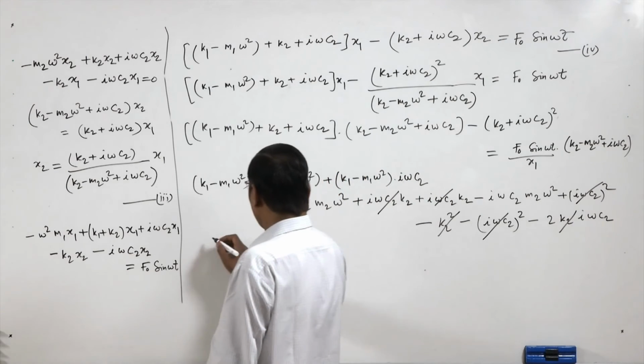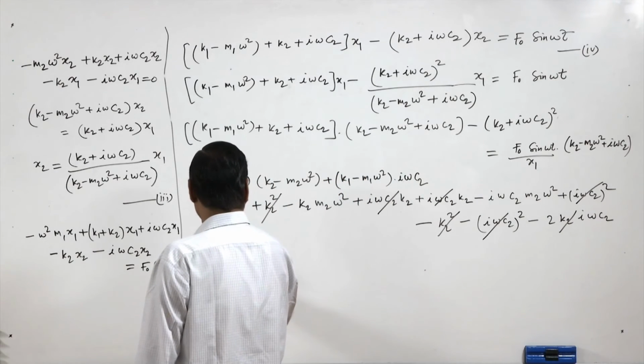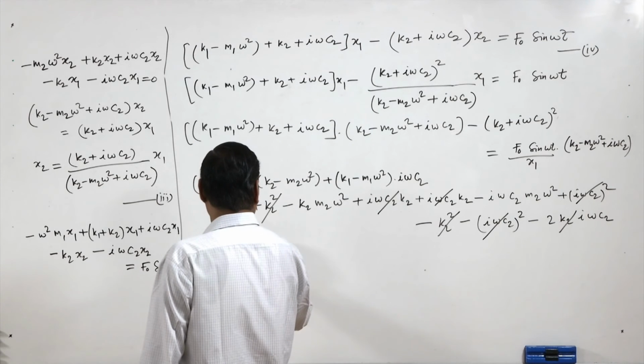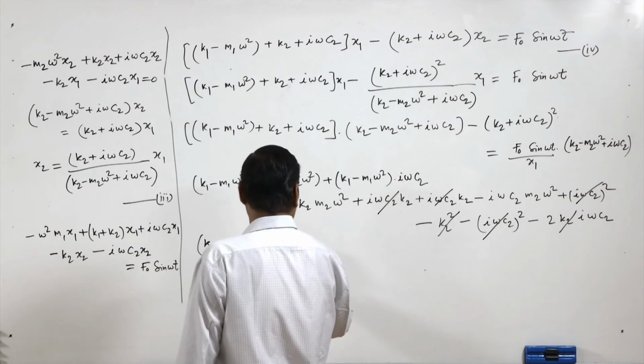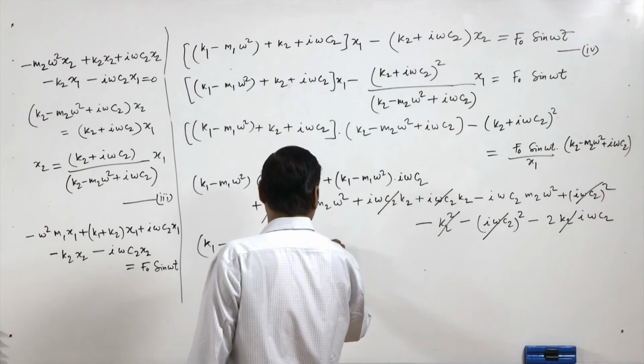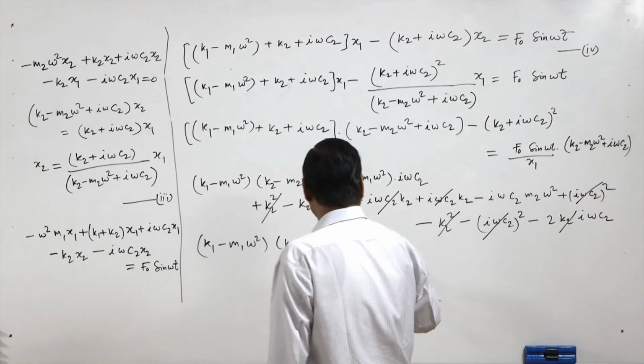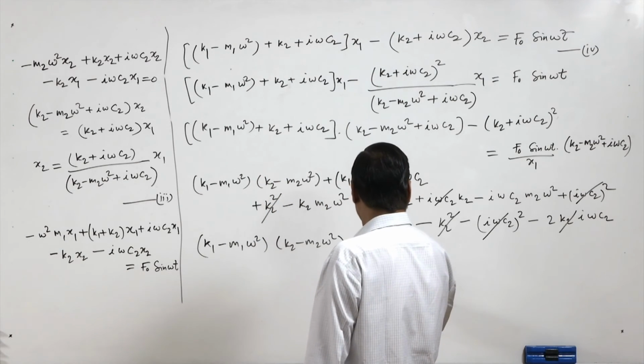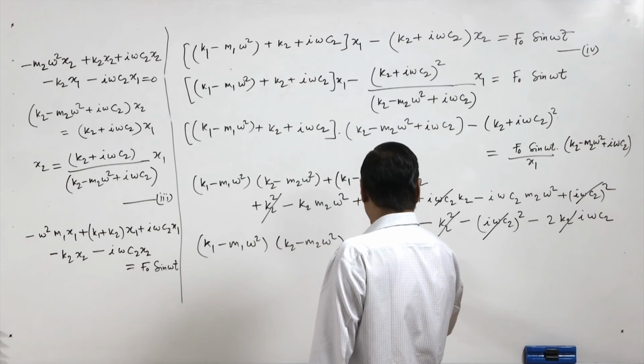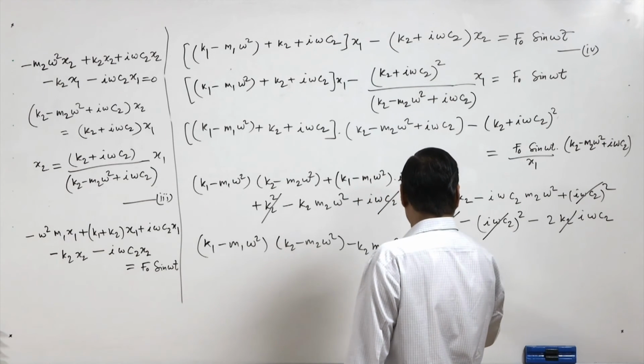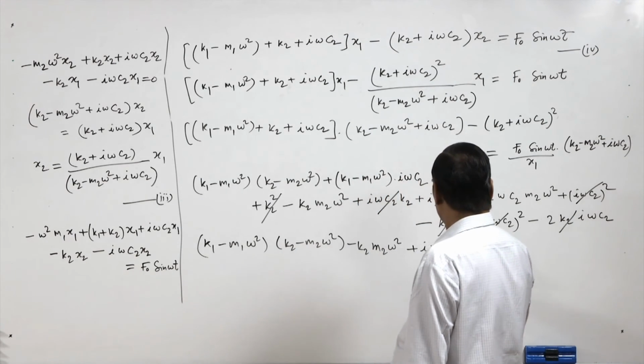So now we can rewrite this, so k1 minus m1 omega square, k2 minus m2 omega square minus k2 m2 omega square plus i omega c2.